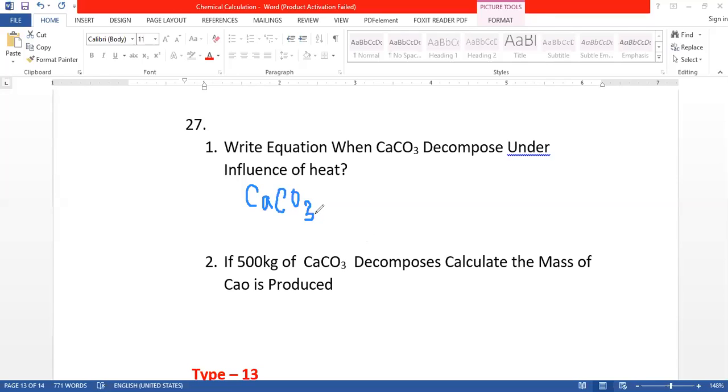When you supply heat to calcium carbonate, it dissociates and becomes calcium oxide and carbon dioxide.